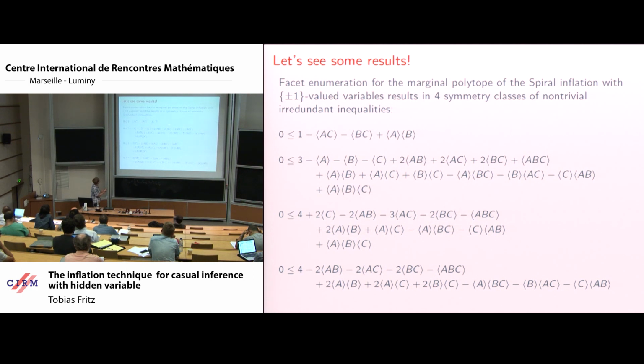The first line of each inequality has the terms that are linear in the probabilities, the second line the quadratic terms, and then the third power. This is the inequality that I had shown earlier, and these are just more complicated ones. I don't really know what to do with these or how to interpret them.